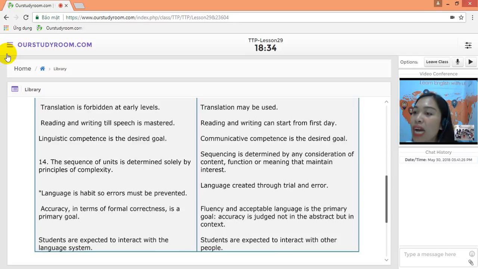Okay, the third one, Teacher Linda. Language items are not contextualized, while in communicative, contextualization is a basic premise.